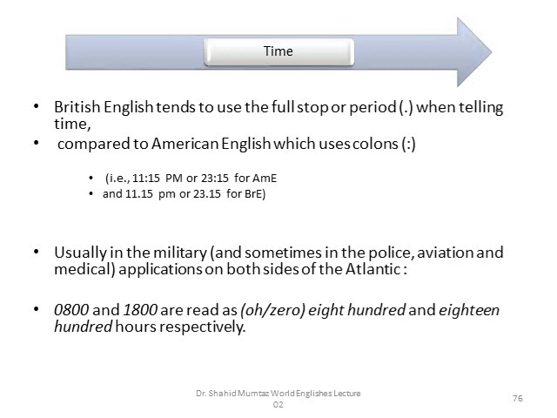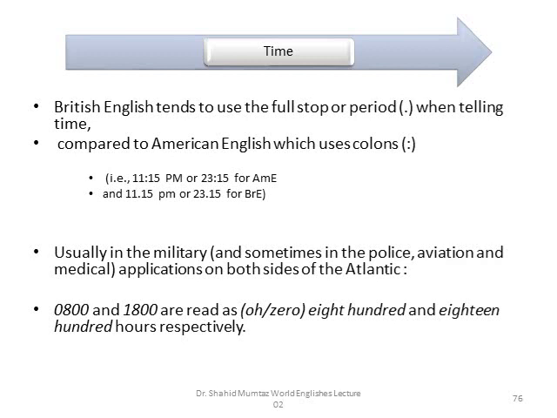Time. British English tends to use the full stop or period when telling time, compared to American English, which uses colons. So British English uses full stop, and American English uses colons.